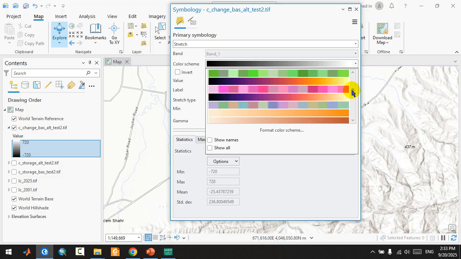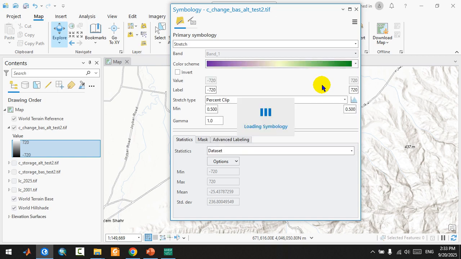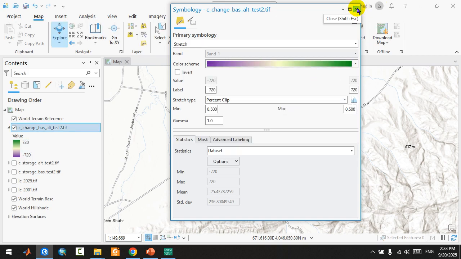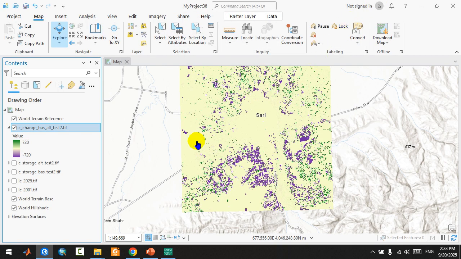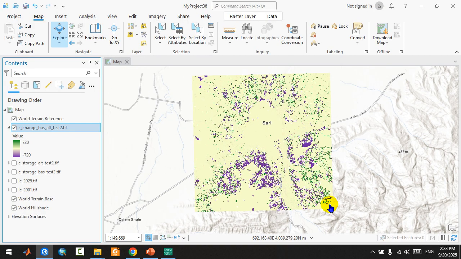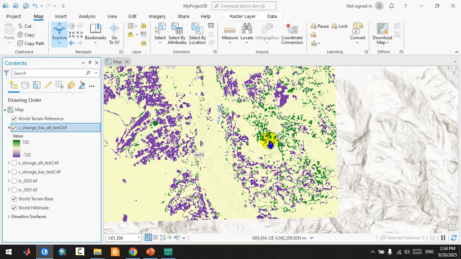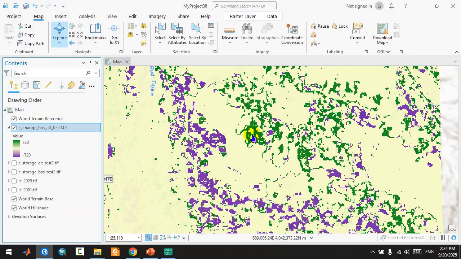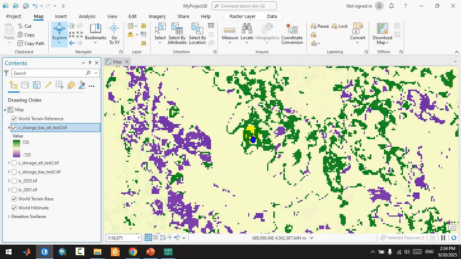About the color map, okay, in the green pixels, the carbon storage was added and increased in the 24-year period.